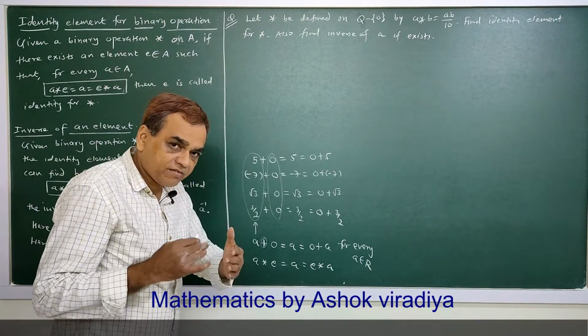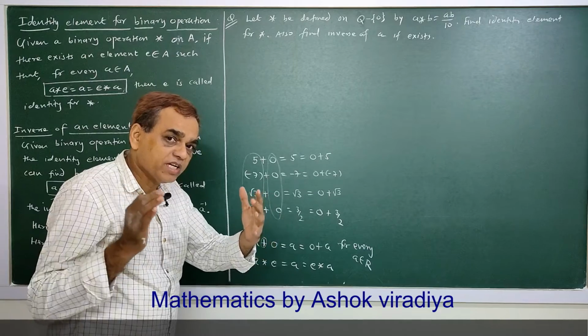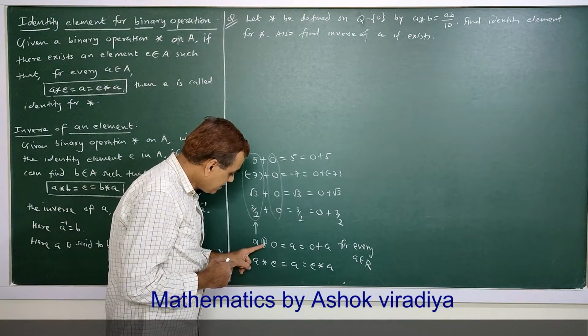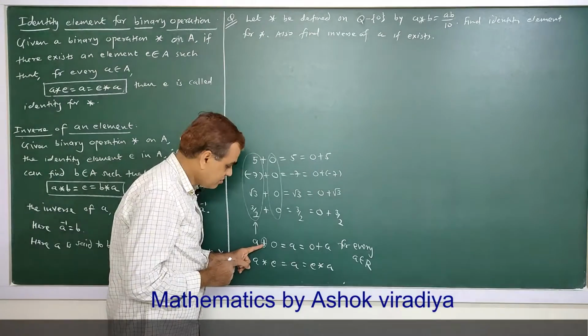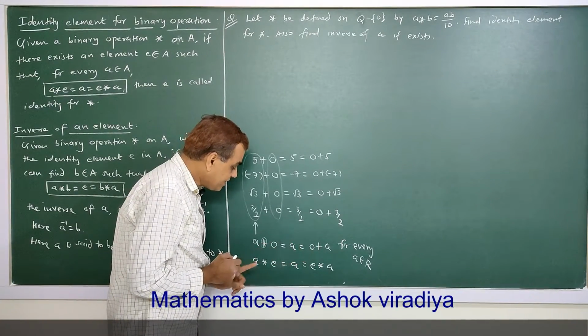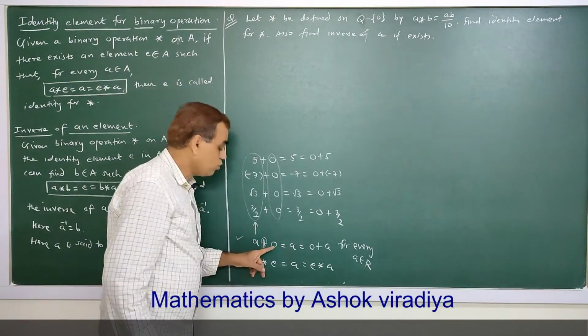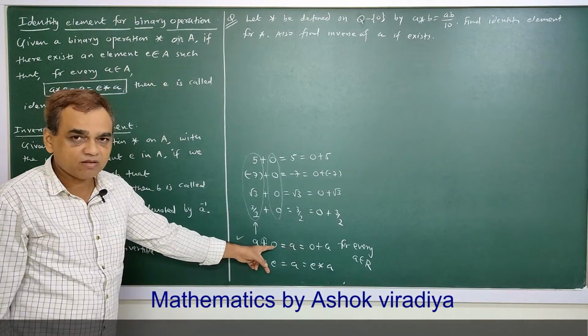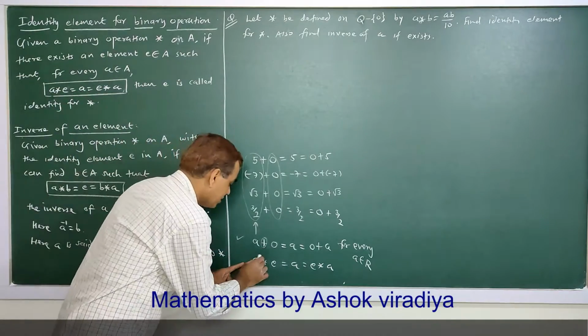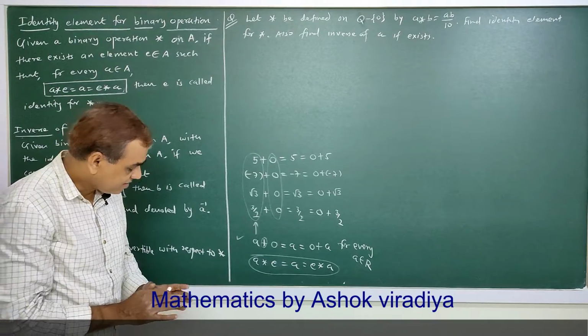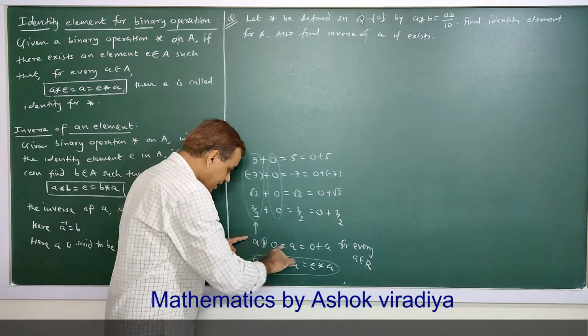Addition is an operator we operate between two real numbers. So here this is addition, and the value of E in this statement is 0. So this condition is satisfied in this case.